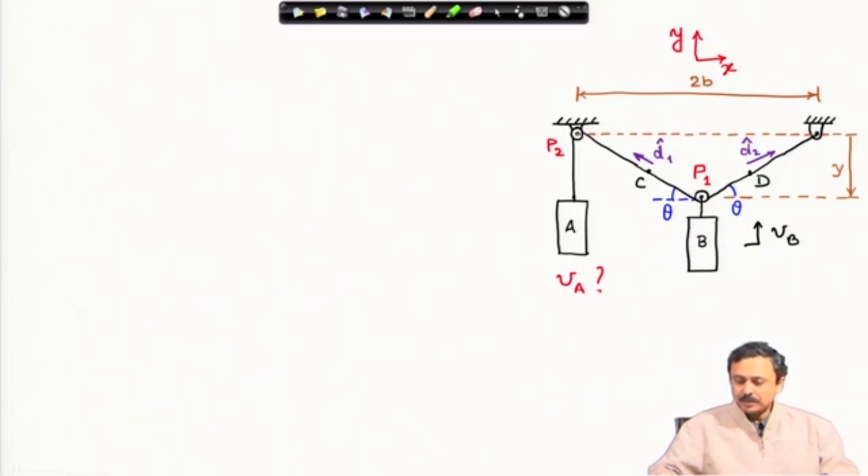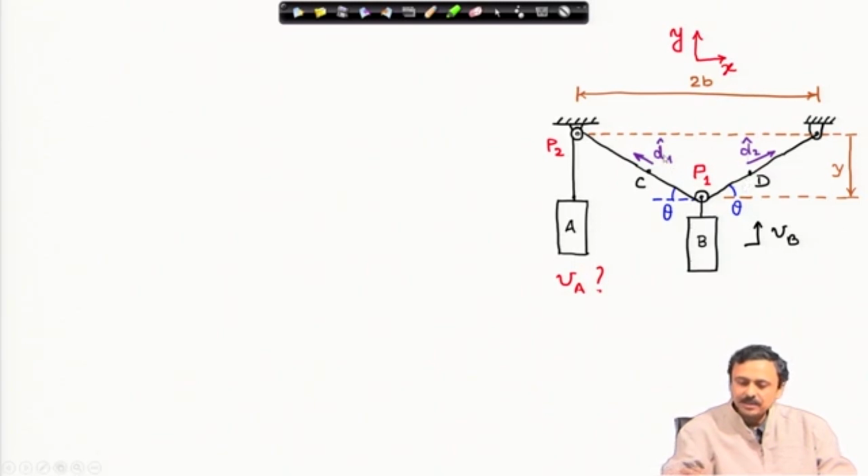Here I have marked out VB and the coordinate system that we use. This is the xy coordinate system, x is horizontal and y is vertically upwards. P1 is this pulley. Note that the velocity of P1 will be the same as the motion of block B. Therefore, if block B has a velocity VB, then that will be the same as the velocity of P1.